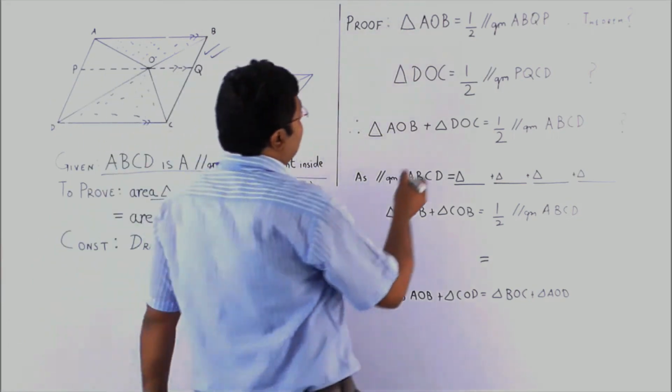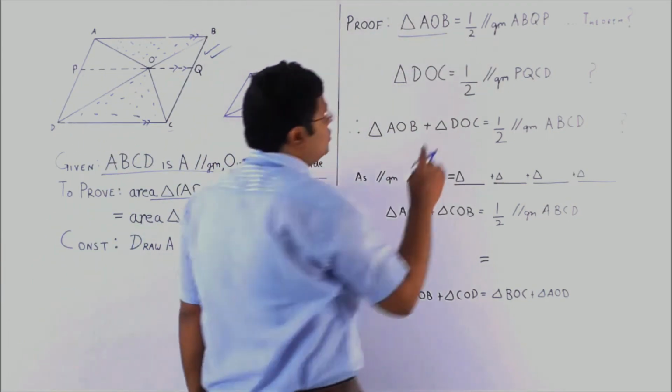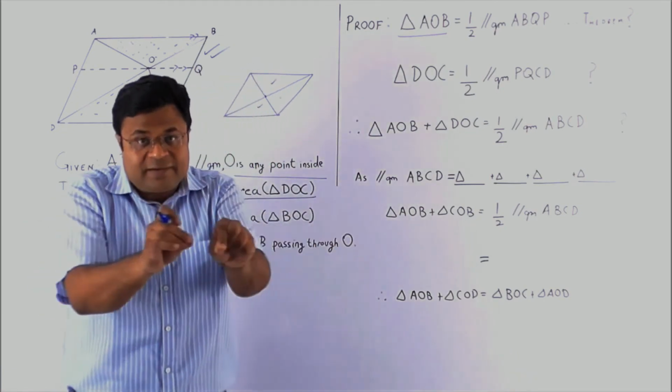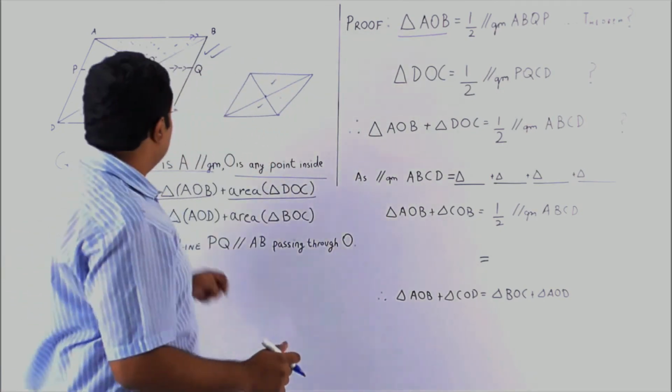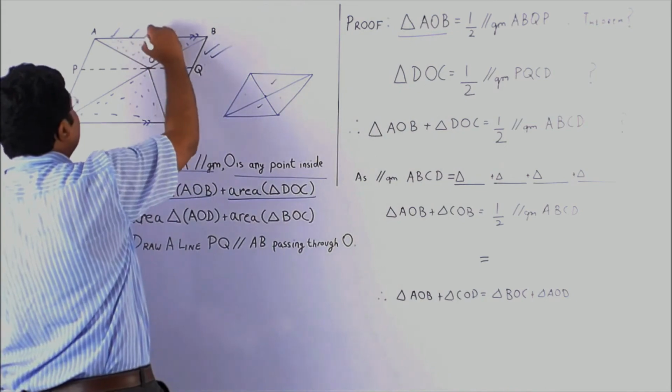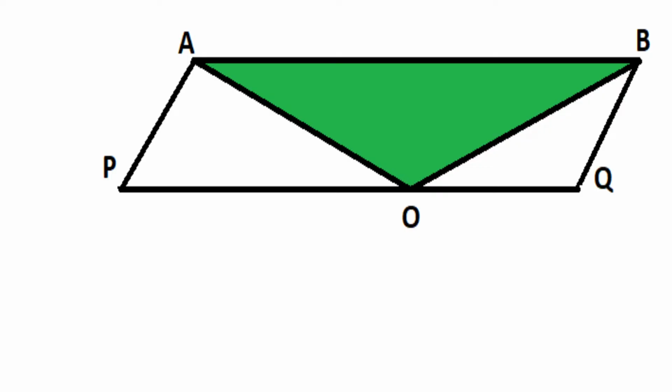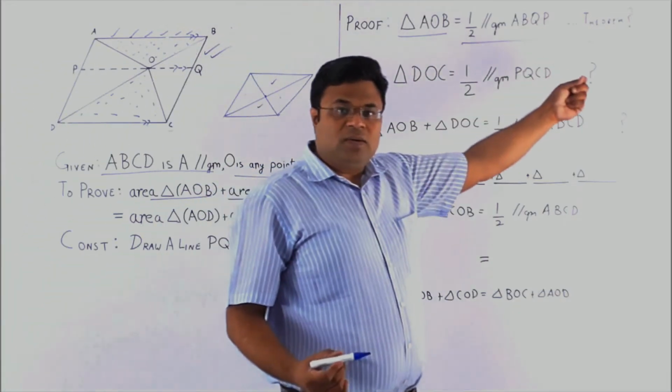Make sure that base does not always mean it has to lie flat. Base also means we can have it at the top. So here AOB is equal to half of parallelogram ABQP. Now that's a theorem.